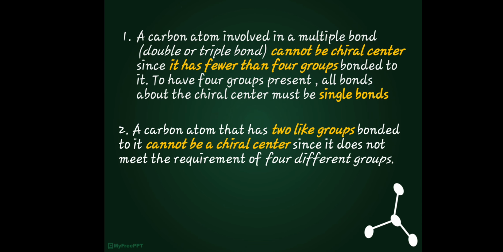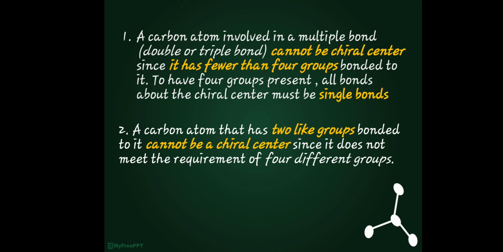So guidelines for identifying a chiral center. Okay. So number 1, a carbon atom involved in a multiple bond, double or triple bond, cannot be a chiral center. Yun na nga, sinasabi ko that one of the requirements of a chiral center is that the carbon is in the center, connected to 4 different atoms in a tetrahedral orientation with single bonds.